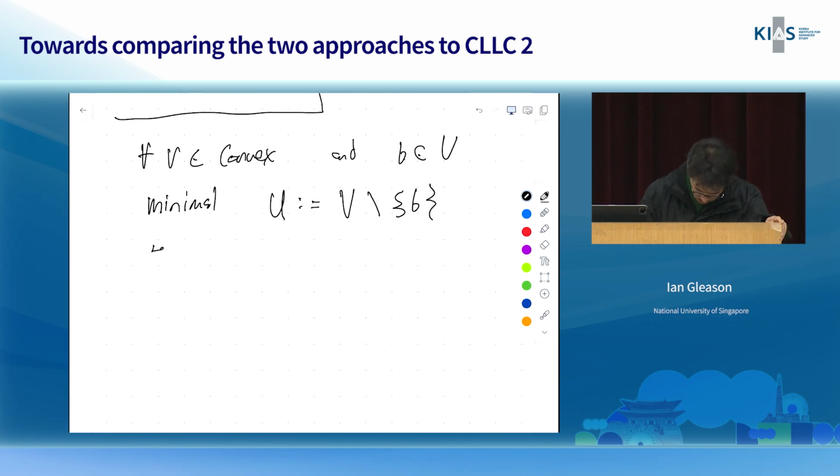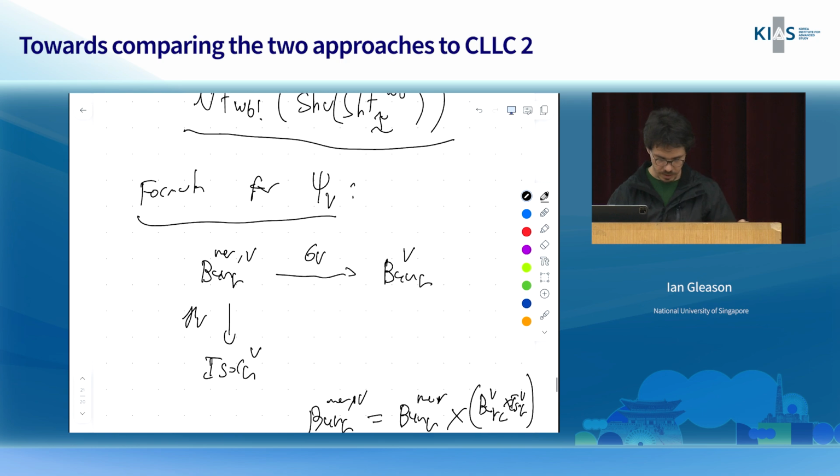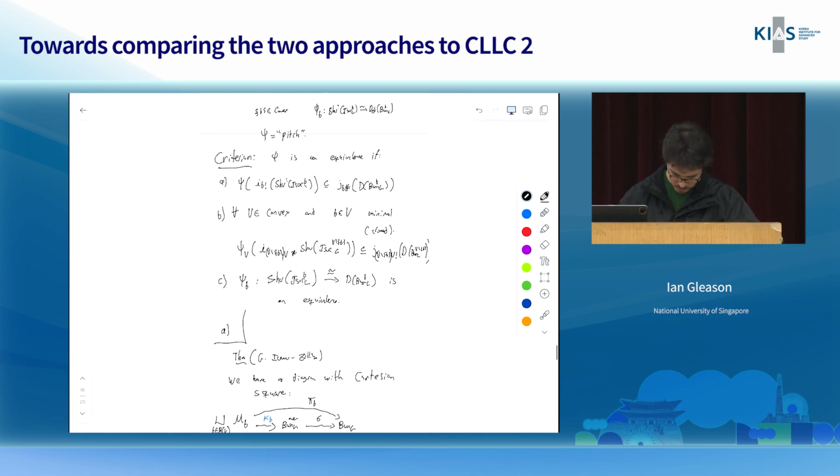What I need to show is that pitch B on i_U lower star of the sheaf Isoc on U is inside j_UB lower shriek of D1 G U. Okay, so this is an instance of this intertwining.